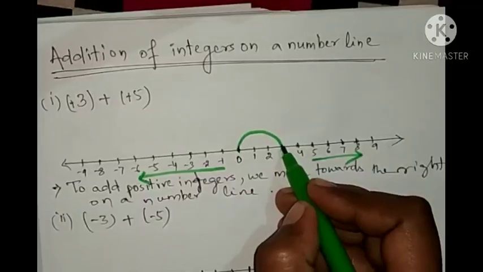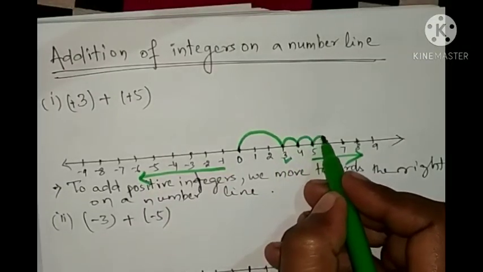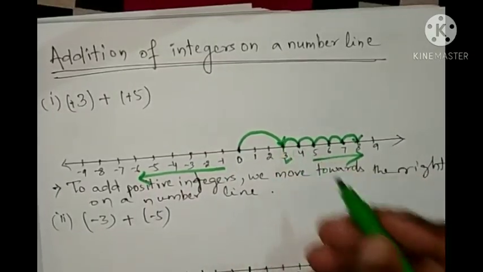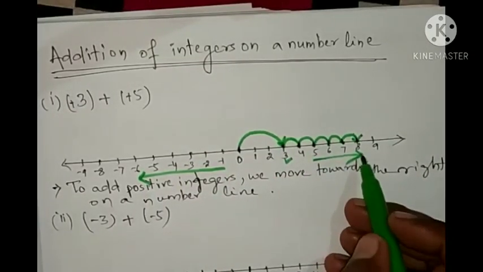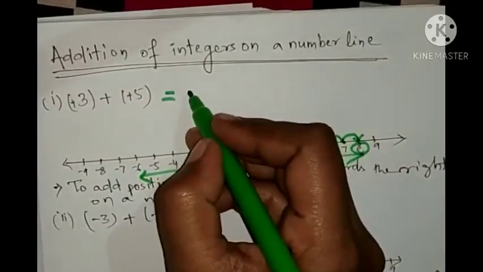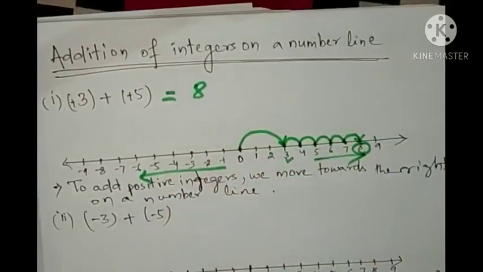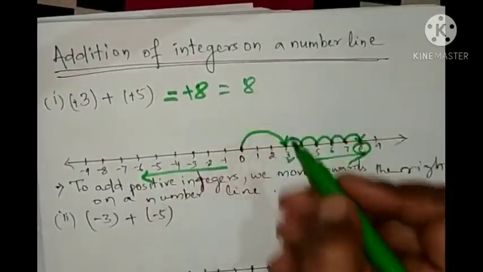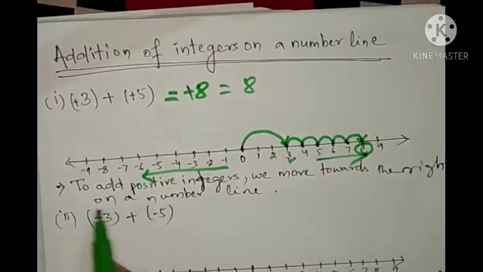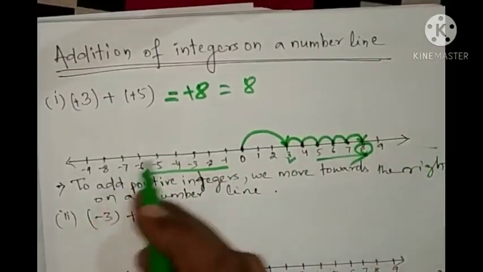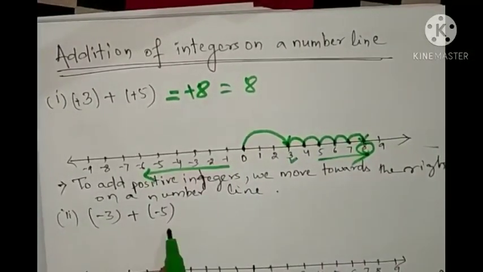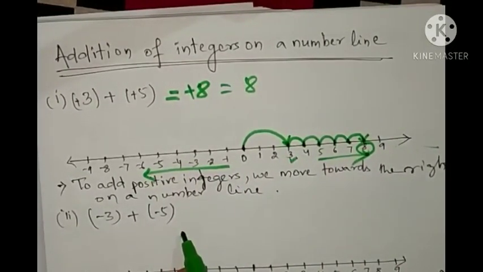So the answer is 8. Plus 3 plus 5 equals plus 8, or simply 8. To add positive integers we move towards the right on a number line.